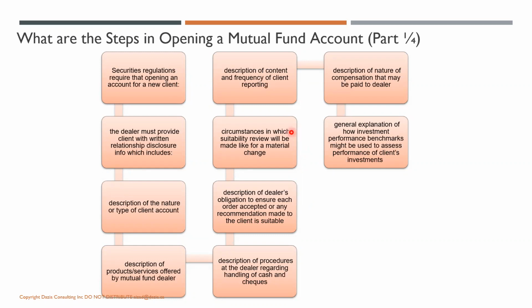If there's any material change, the client should inform the company, like if their risk tolerance changes, or their net worth changes, or their income changes, or before they do any trade, they need to update the KYC regularly. And client reporting. Generally, they're going to get their statement annually or every 3 months, 4 months, so that also needs to be informed.